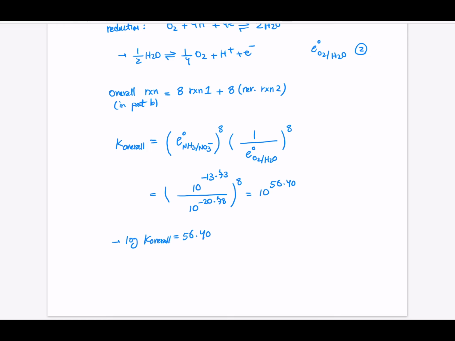And as you can see, this is obviously not equal to simply adding the pE zeros, because this reaction is not a standard reaction again.